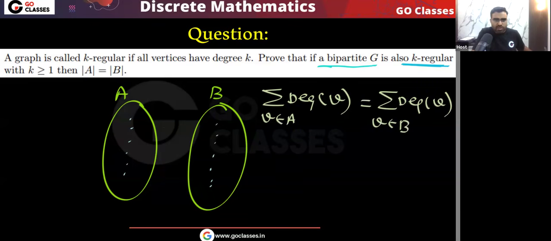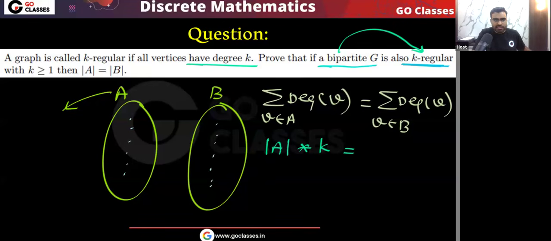Now you tell me what is the total degree of part A. In part A you can see every vertex has degree k. Every vertex has degree k, so the total degree will be the number of vertices in part A multiplied by k, because we are saying that this bipartite graph is k regular.